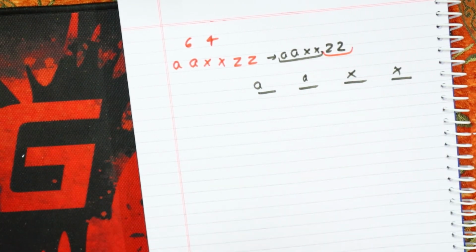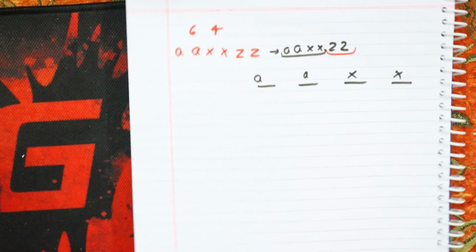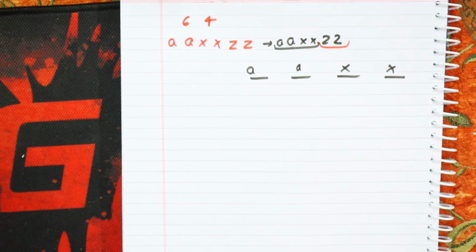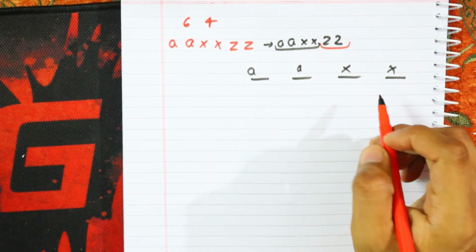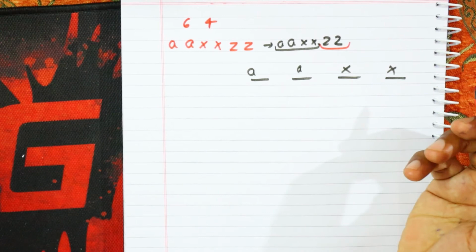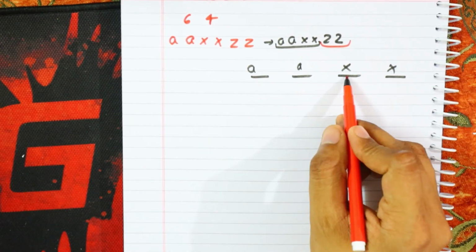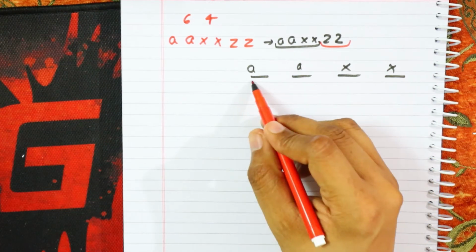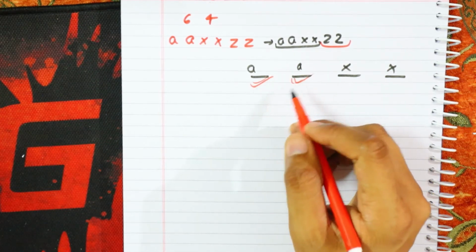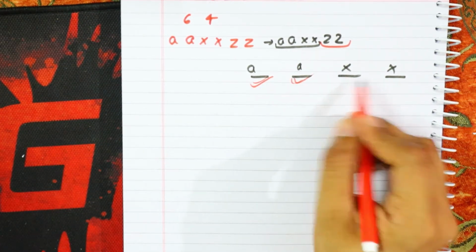If I have my remaining Z's, then see, already anything I do will always be lexicographically smaller than this.